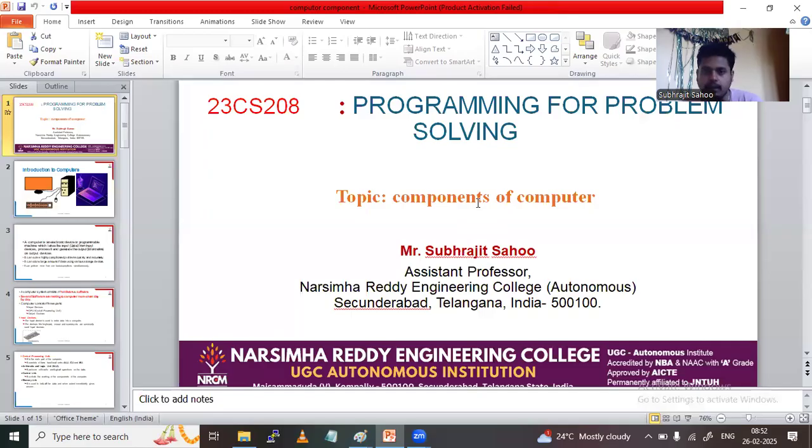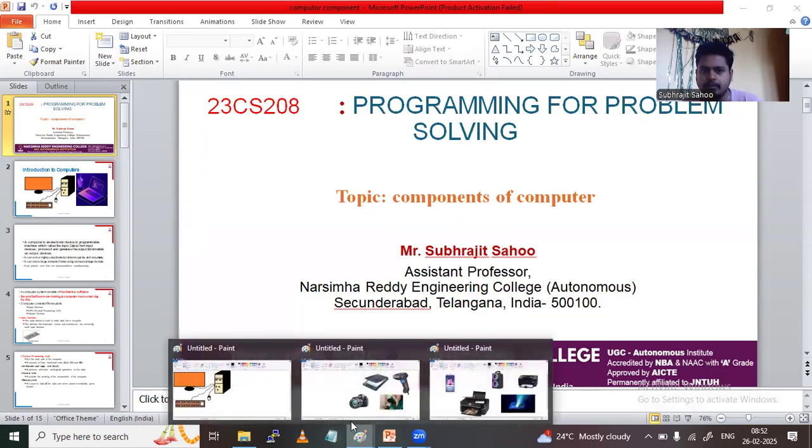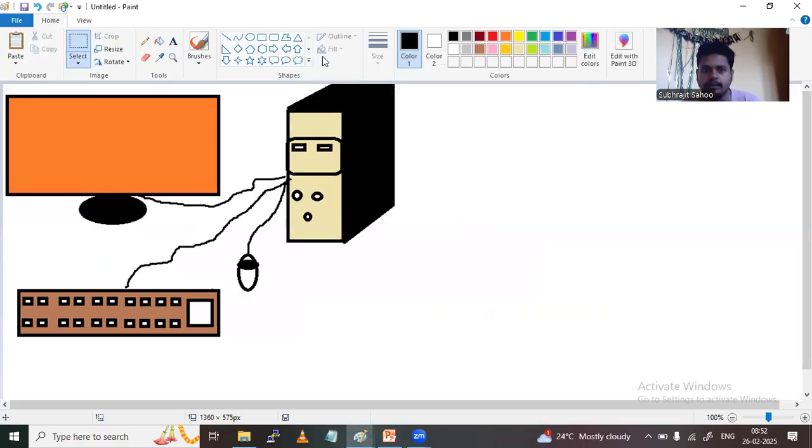If you ask anybody having a little bit of knowledge about computers what the several components of a computer are, he will tell you these three components. Everybody knows this. What are the three components' names?